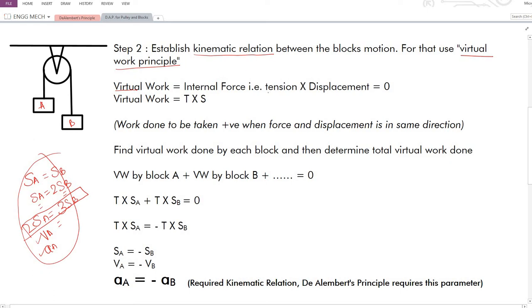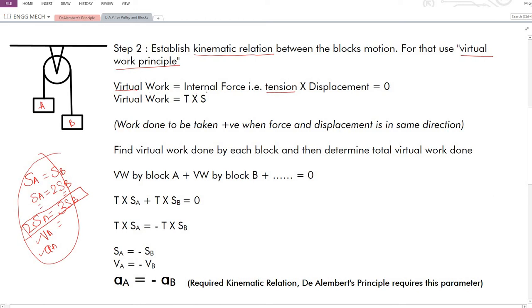Internal forces may be tension or compression, but in this specific set of problems, we will be dealing with tension. When blocks are attached, when weights are attached to a string, then tension will be developed in the string. That's why the internal force in the case of virtual work will be tension.